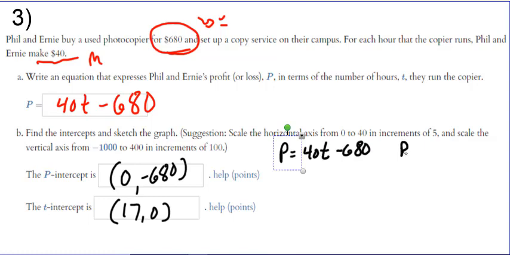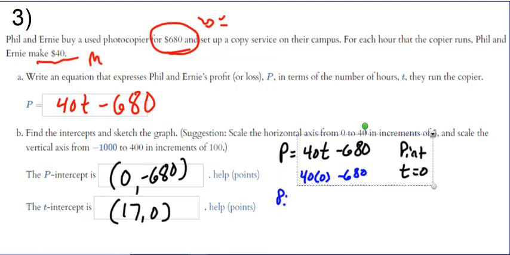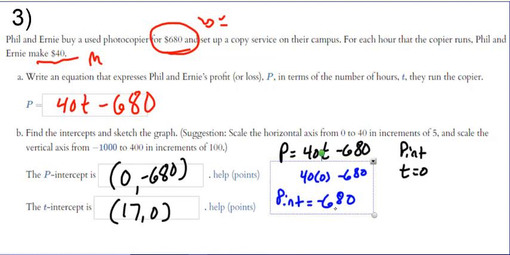If I want the p-intercept, that's when t equals 0. So we plug 0 in for t: 40 times 0 minus 680. So we have the p-intercept being negative 680, which is really the y.